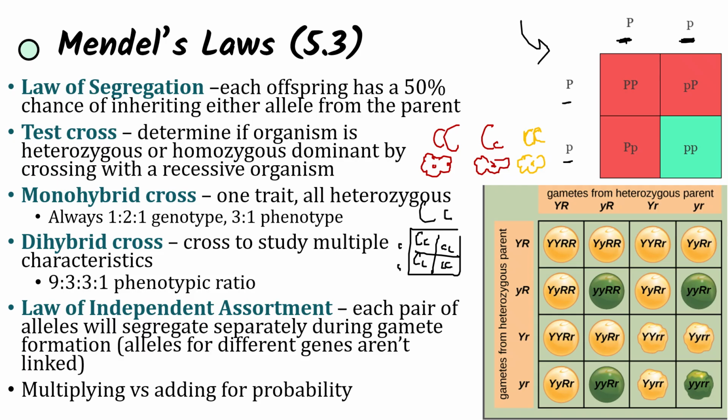Now we've been looking at one trait, and when you cross two heterozygous organisms and you're looking at one trait, that's known as a monohybrid cross. That's what's shown up here on the right in this Punnett square. And there's a ratio rule that there's always going to be a 1-to-2-to-1 genotype. So there's always going to be around 25% homozygous dominant, 50% heterozygous, and 25% homozygous recessive.